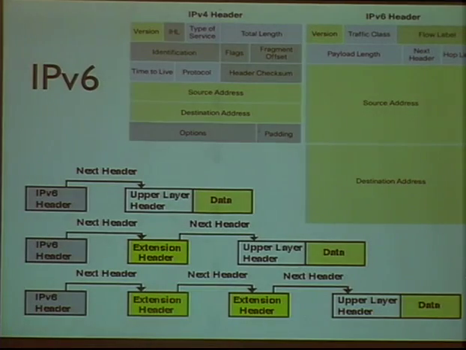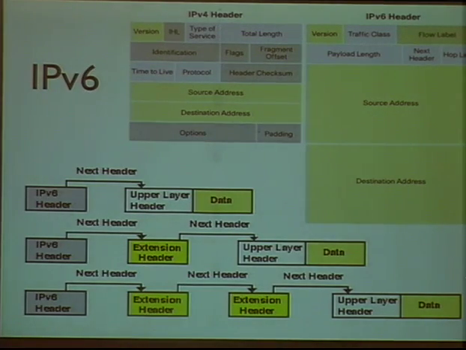There was a Black Hat talk on it and a DEF CON talk. It exploits the fact that IPv6 as a protocol is a chain of these extension headers, which can vary in size, and it's just strewn with length fields.